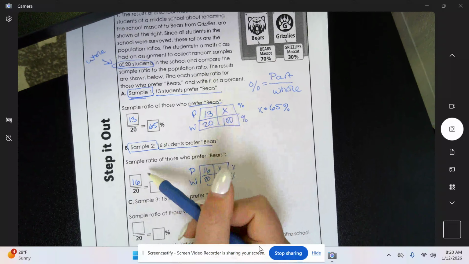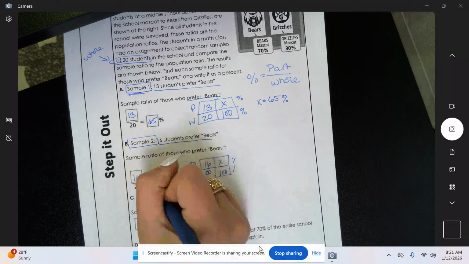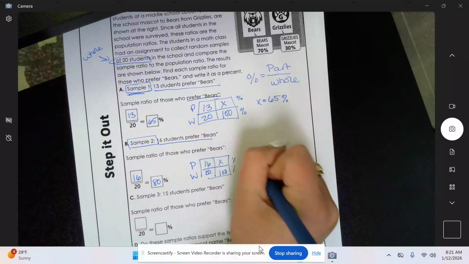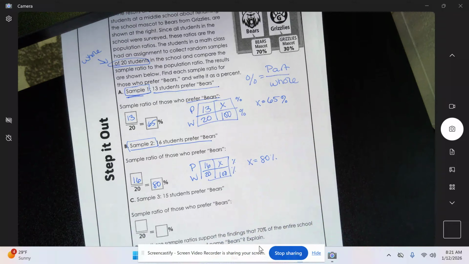Or you could leave it as a fraction, convert it to a percent, and what do you get? 80%. Is that relatively close or far off? Close. It's close. I mean, how far away are we? 10%, right? You want to be roughly 10% away.